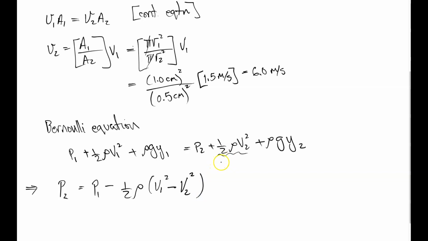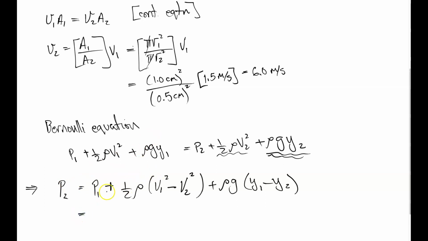I'm sorry, this should be a plus here. And then if I get this term over to the left-hand side, I would have a plus rho G Y1 minus Y2.